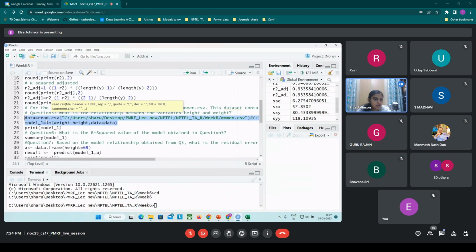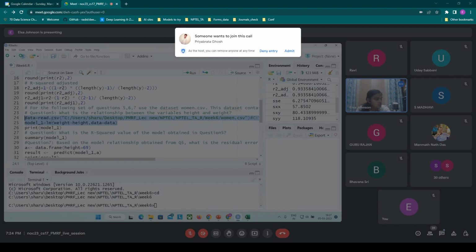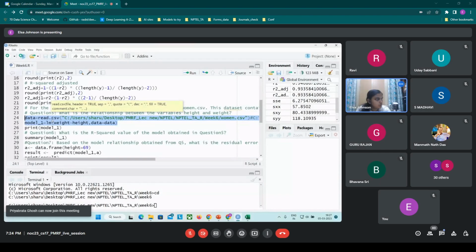I think you also saw one lecture where you read a bonds data set, right? Anyway, now we are looking at the women.csv data, and we have to create a model from that.